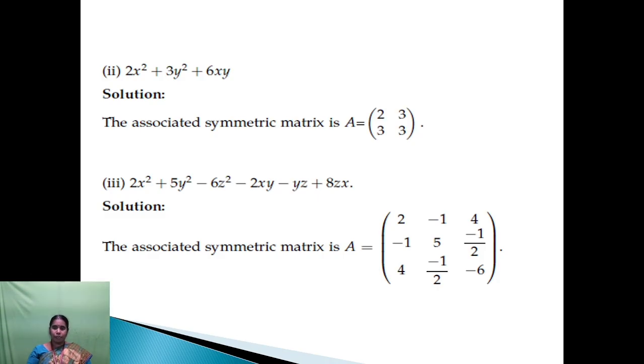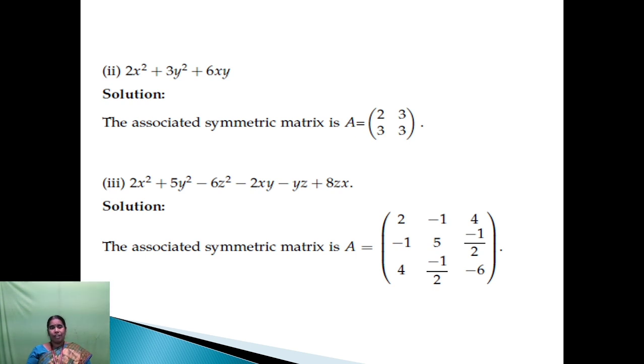And in the position of zx or xz, that means a13 or a31, it takes 8 by 2, which is nothing but 4. And in the position of a23 or a32, we have to put the coefficient of yz divided by 2, which is nothing but minus 1 by 2. Thus, our matrix becomes in this format.